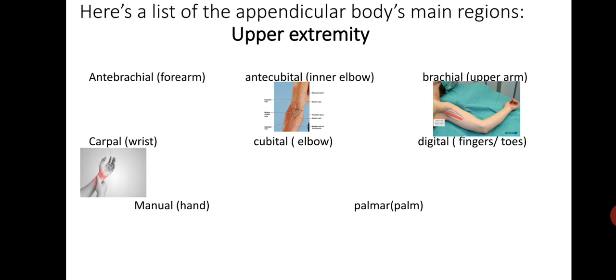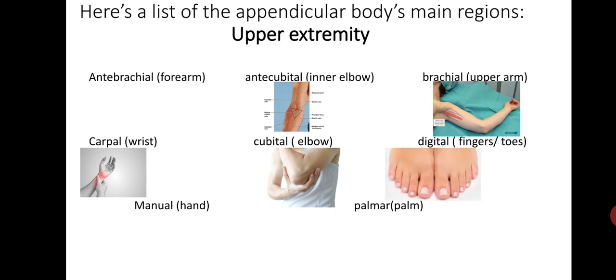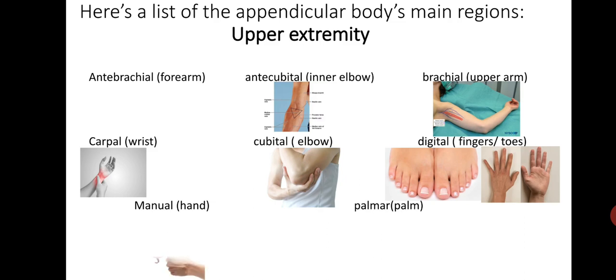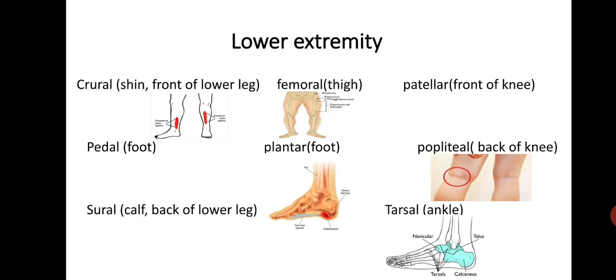Carpal, the wrist. Cubital, the elbow. Digital are the fingers of the upper and lower extremities. Manual means your full hand. Palmar, the inside of your hand.